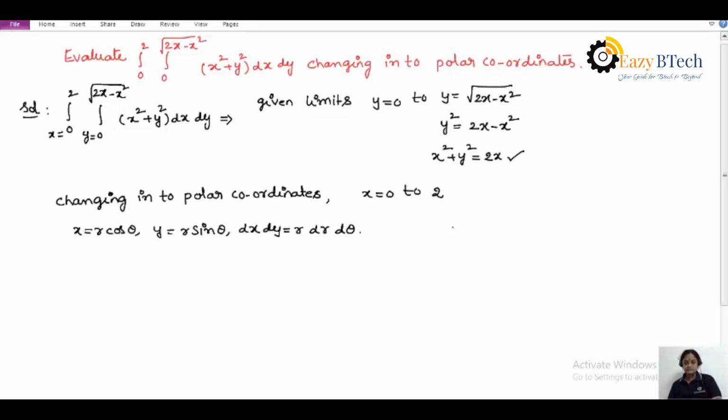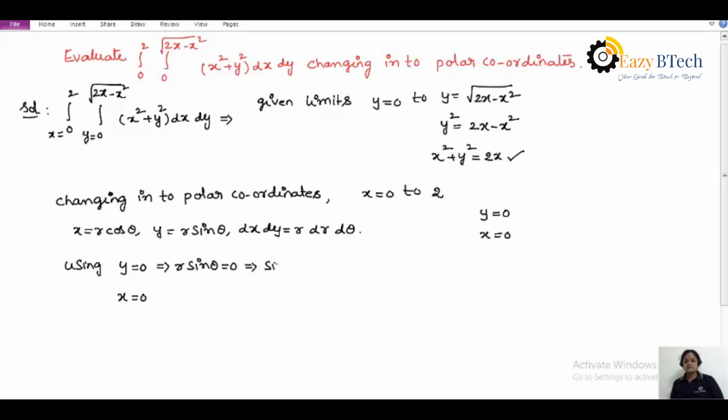Then how to find out the limits here? Y is equal to 0 and x is equal to 0 were given here. So if y is 0, then r sin theta is 0.